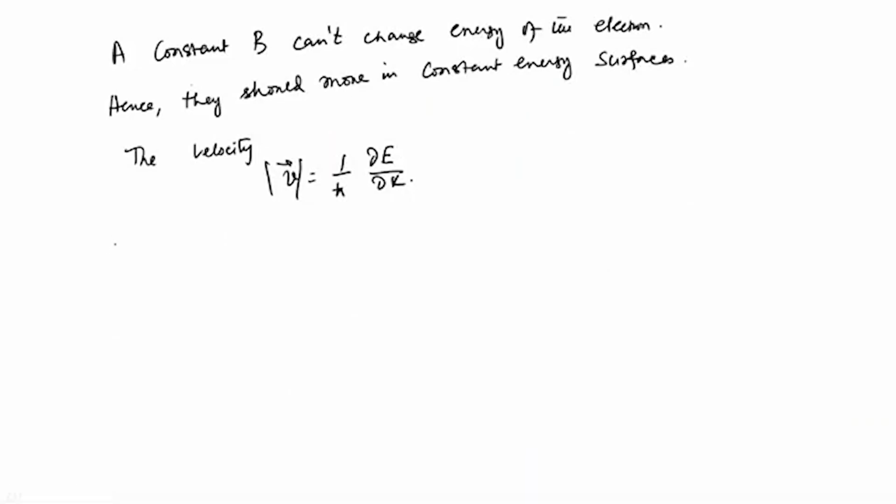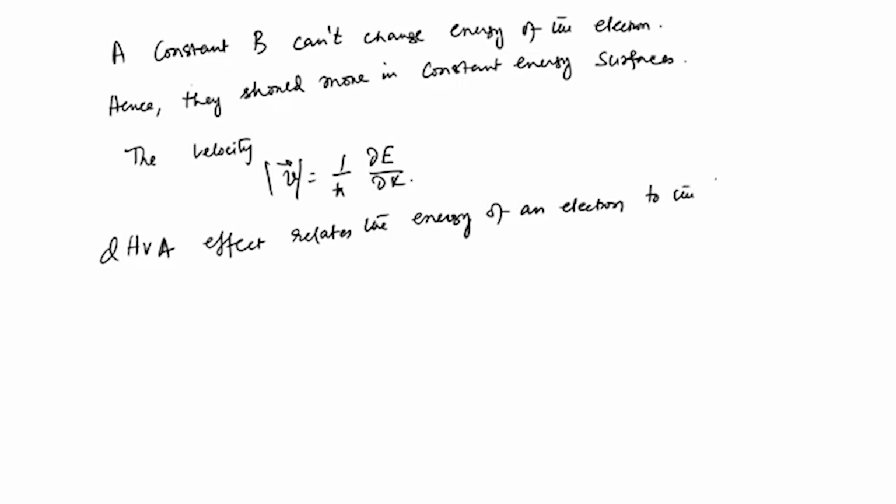So, this dHvA effect, which is the de Haas-van Alphen effect, relates the energy of an electron to the area of the orbit in k space.